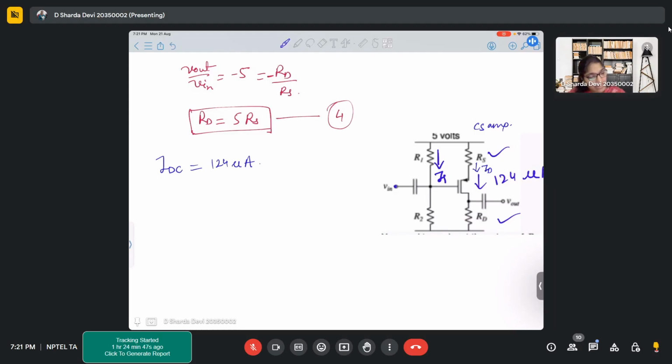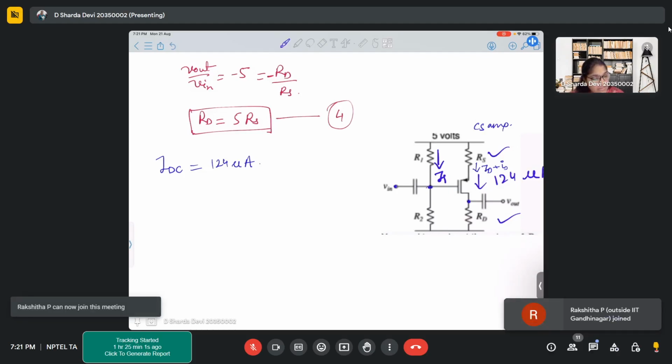So that definitely will introduce some id. And what actually happens is these two are opposite in nature. So this node and this node are opposite in nature, 180-degree phase shift.